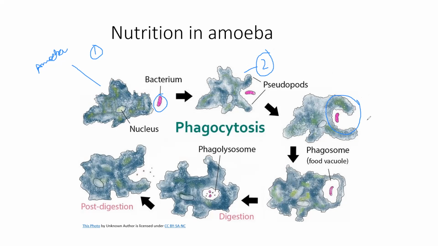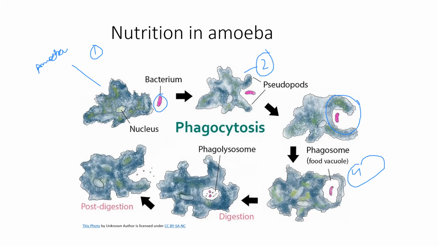Since it is unicellular, there are no hard structures. So this process results in the formation of a phagosome. After this process, in the fourth step, I have not labeled the third one, as you can see, this food vacuole or phagosome is formed. So the food particle gets entrapped within the body of amoeba, and it is then acted upon by an organelle like the lysosome.